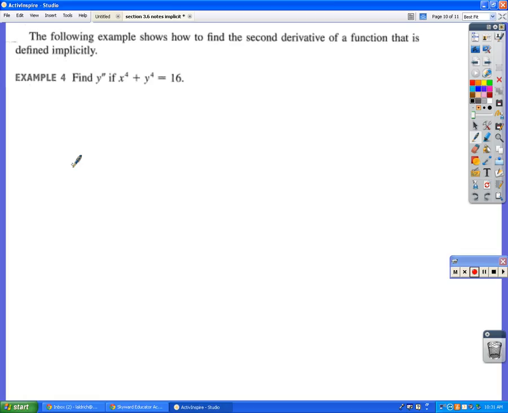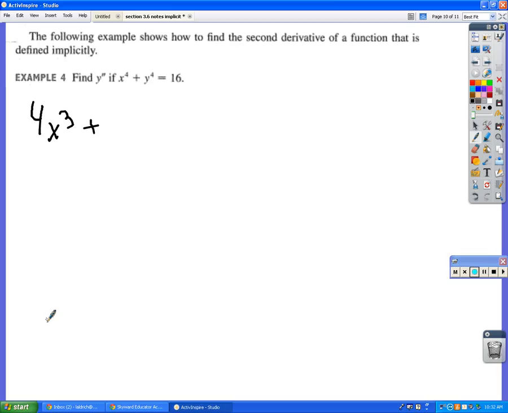Okay, first derivative: what's the derivative of x to the fourth? The derivative of x to the fourth is 4x cubed. Everybody in here can get that. Then what we picked up on yesterday, so Christian, this is a little bit for you because you were taking that quiz, is to take the derivative of y to the fourth.